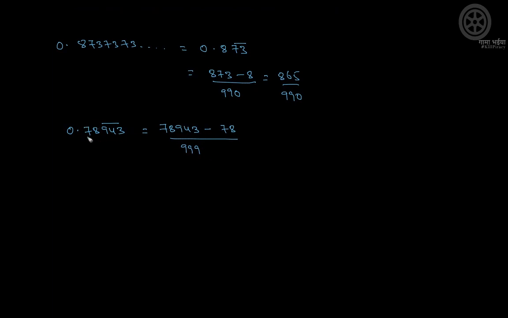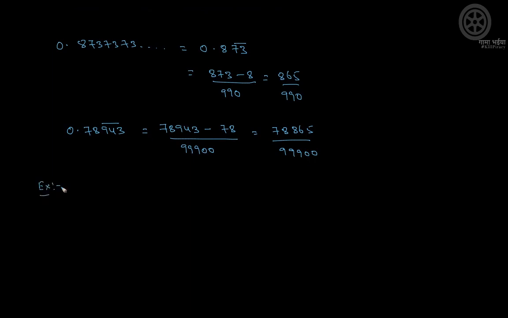There is no bar for how many digits? 2 digits, so 2 zeros. Understood? How do you need to write? So it will be 78865 by 99900. Understood?